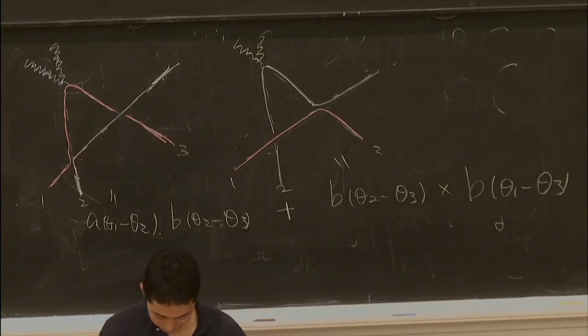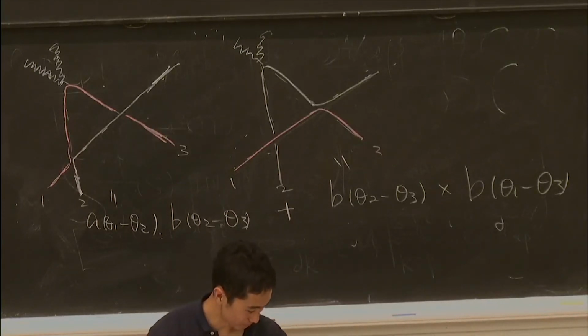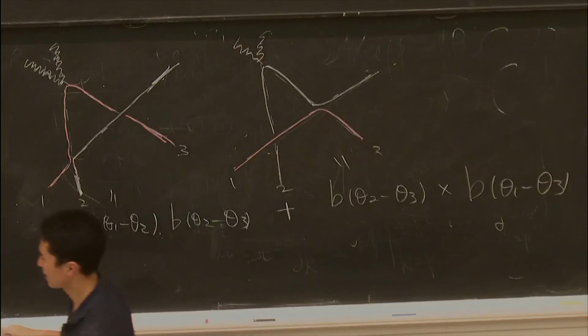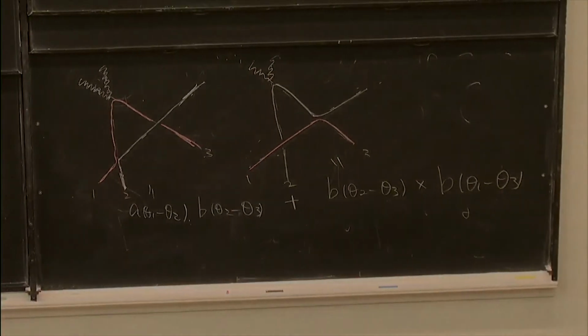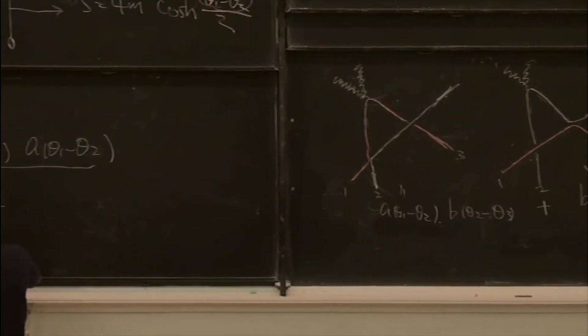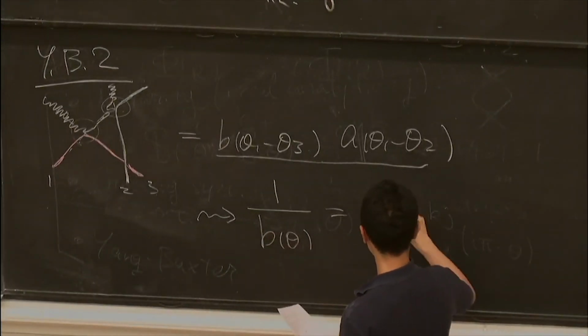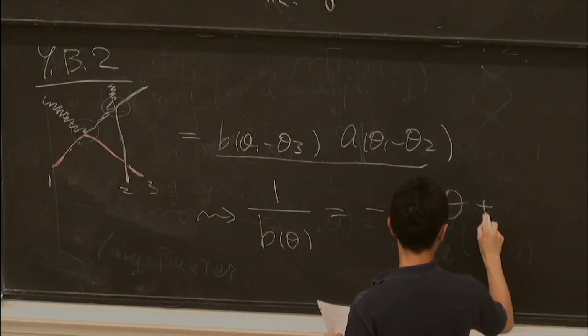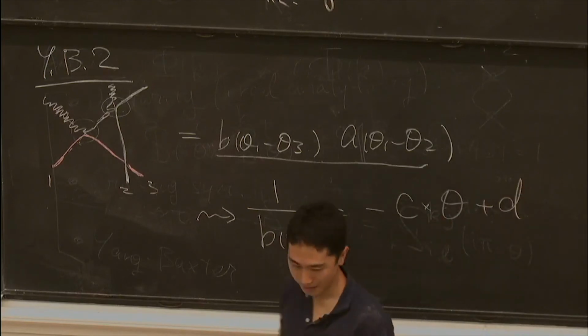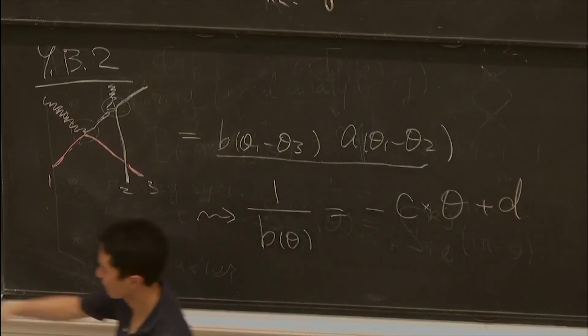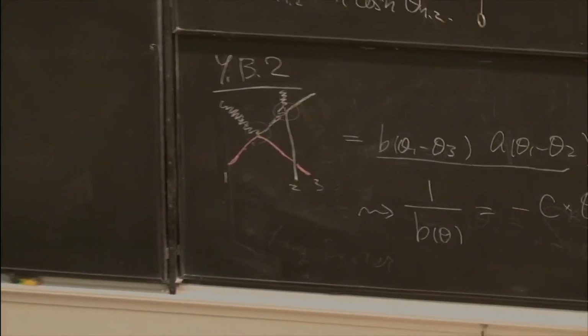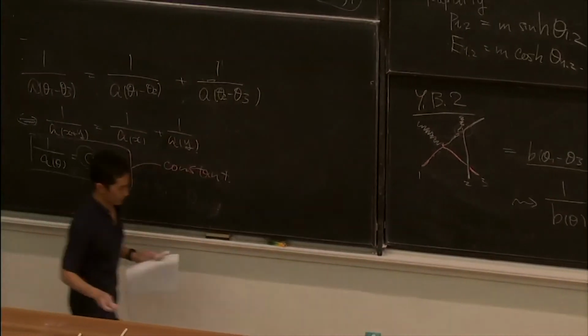I don't have time to give you detail, but I claim that this equation can also be solved in a simple way, and the result is minus c times theta plus d, where this c is the same c as we have over there, and d is yet another constant which is unfixed.